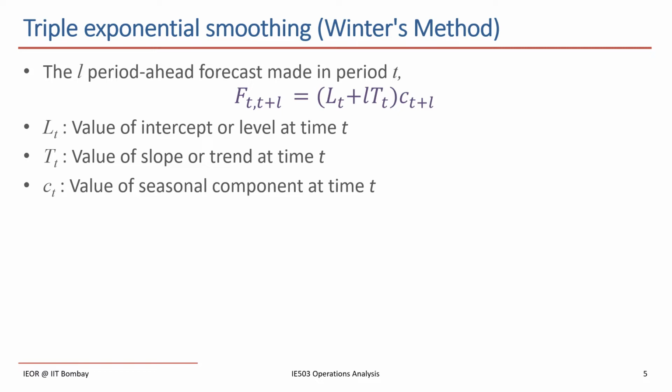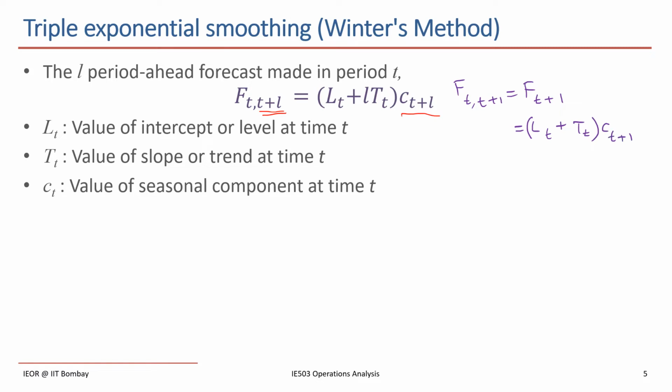Observe that L_t and T_t refer to the past period's level and trend, but C_t+L indicates the seasonality component of the forecasted period t plus L. By extension, since we are used to single period forecasting, we can simply write the forecast F_t+1 as L_t plus T_t into C_t+1.